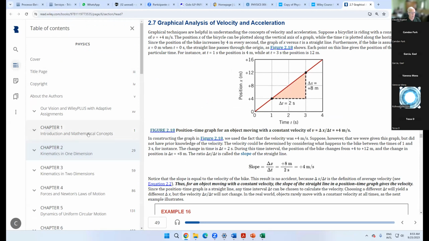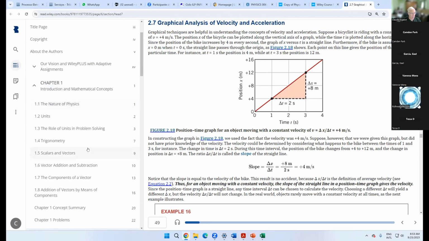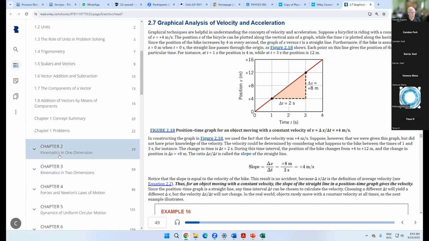What this book does is introduce the concept of vectors right in the first chapter, like here in 1.5, and then treat one-dimensional motion with vectors. That's what he does. I think the other way is better.